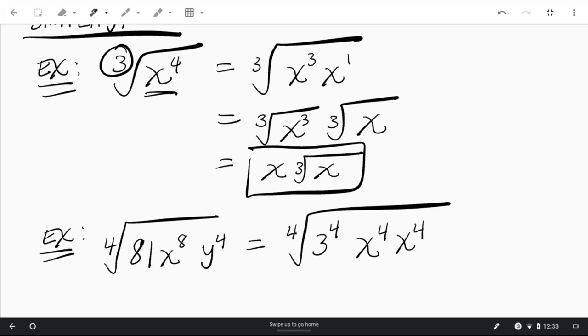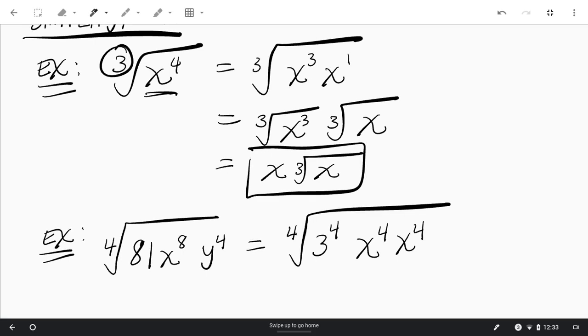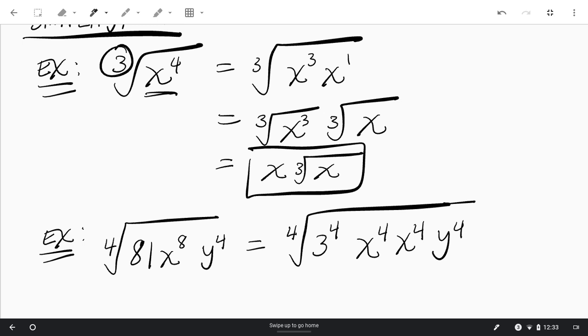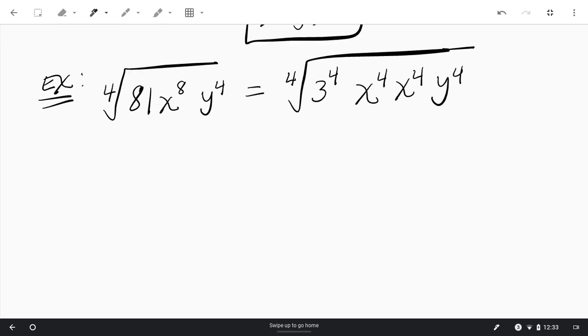And then y to the fourth can just stay. Once you have as many powers of 4s as you can get, then you can break them up individually, or you can skip that step as well, but if you need to see it, this is essentially what we're doing.